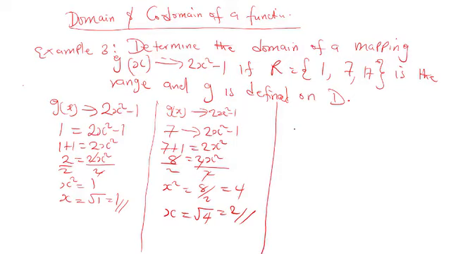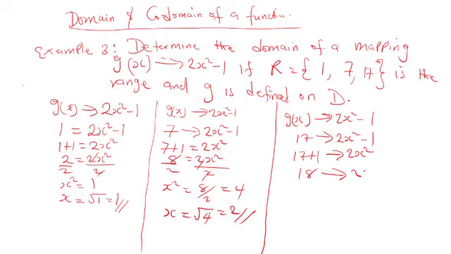Now for the last one, 17. Here we have g(x) equals 2x squared minus 1, so 17 equals 2x squared minus 1. Taking the minus 1 to this other side, we have 17 plus 1 equals 2x squared. 17 plus 1 is 18, equals 2x squared.